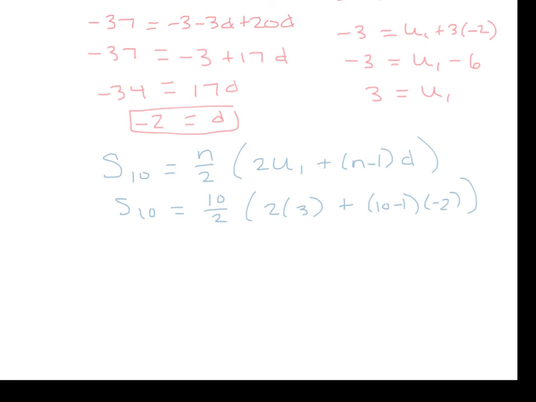So all we have to do is finish solving. That's 5 times 6 plus 9 times negative 2, which is negative 18. So that's 5 times negative 12, which is negative 60. And that's our sum of the first 10 terms.